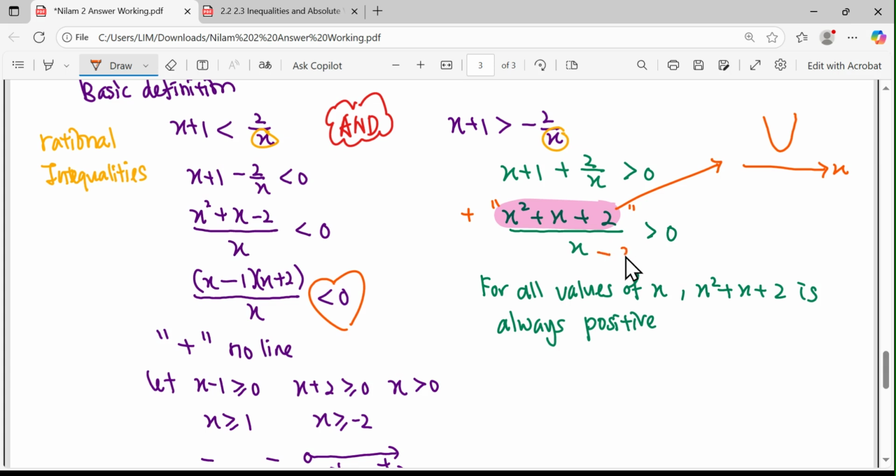The denominator we don't know. The denominator is x, so it will depend. If you put in a positive value, the denominator is positive. If you put in a negative value, your denominator is negative. So your denominator is unknown; it can be positive, it can be negative. We cannot identify what value makes it positive. But at the numerator, we confirm that for all values of x, it is always positive.